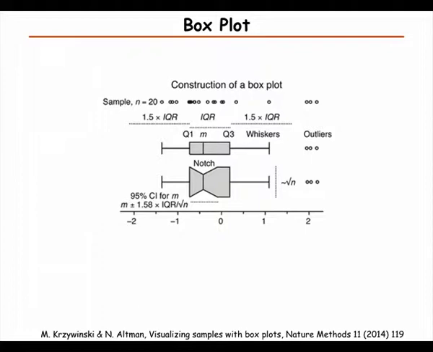The recommendation that one usually gives is that the notch, as long as the 95% confidence interval doesn't extend beyond Q1 and Q3. Otherwise, it looks very funny. And also, you should of course have enough samples to be able to calculate the confidence interval.